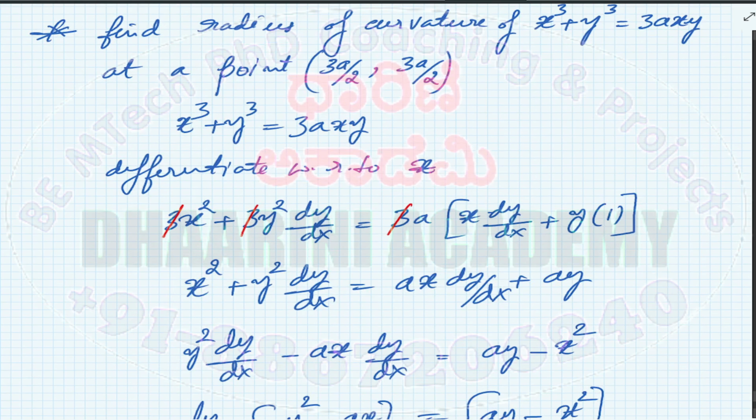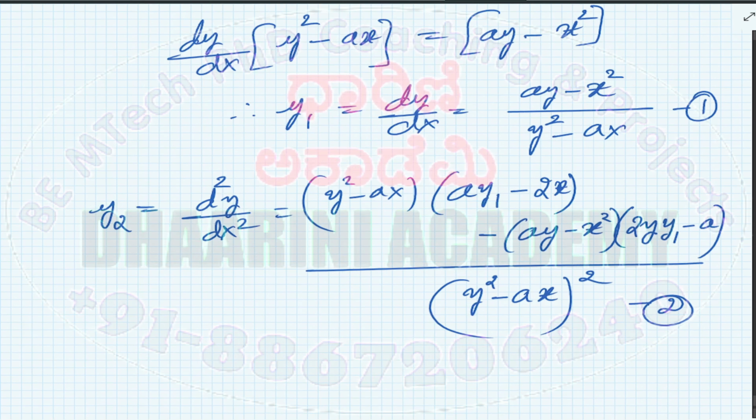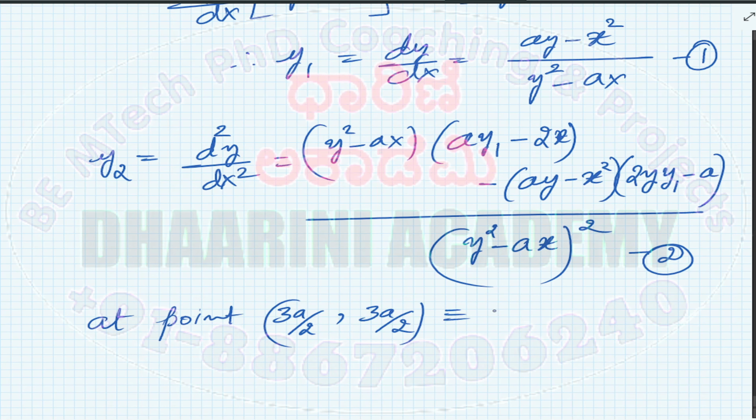You see that they are not asking at a general point, they are very specific, because they ask at a given point 3a by 2 comma 3a by 2, which means every x and y value you have in equation 1 and equation 2, you need to put this value. So this is how you proceed. At the point 3a by 2 comma 3a by 2, this is the given point. In the sense, I am supposed to replace every x comma y by this value.